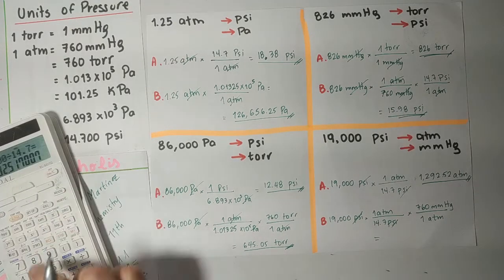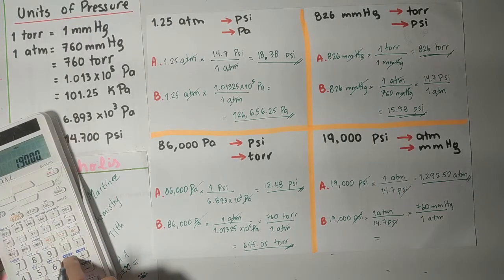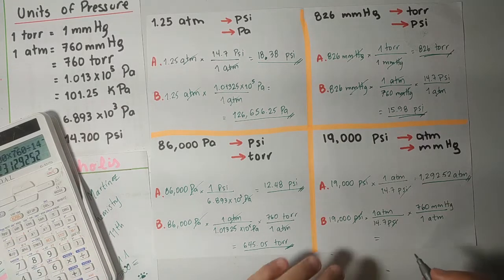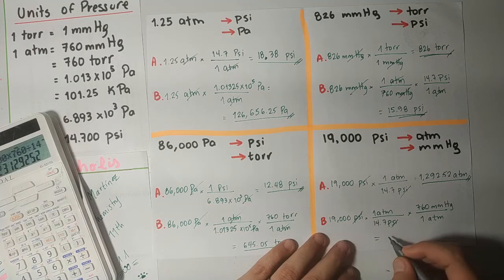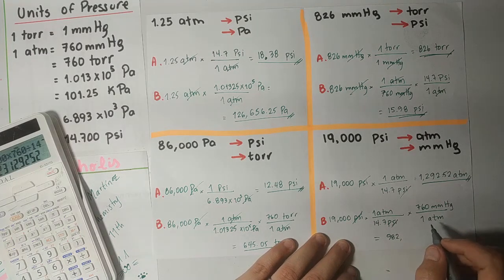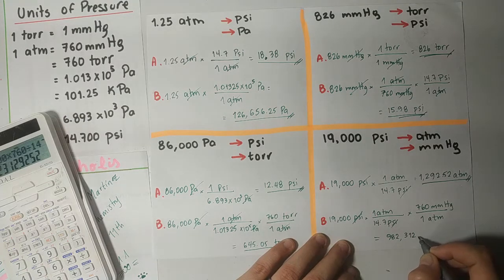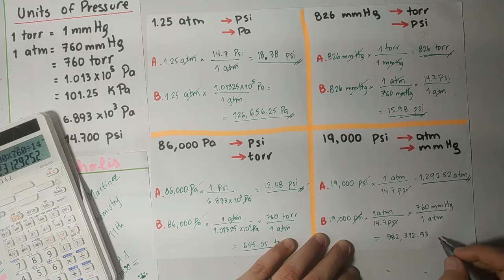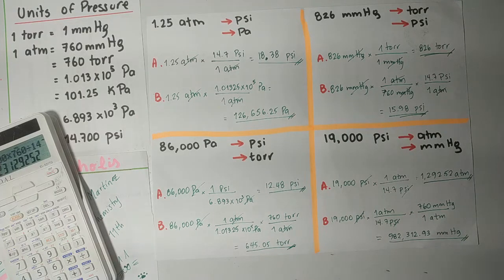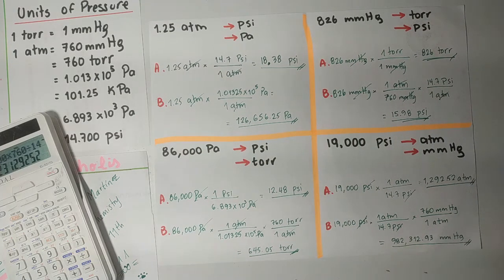I perform this in the calculator and I will get 982,312.93 millimeters of mercury. Okay guys, that's it for conversions.